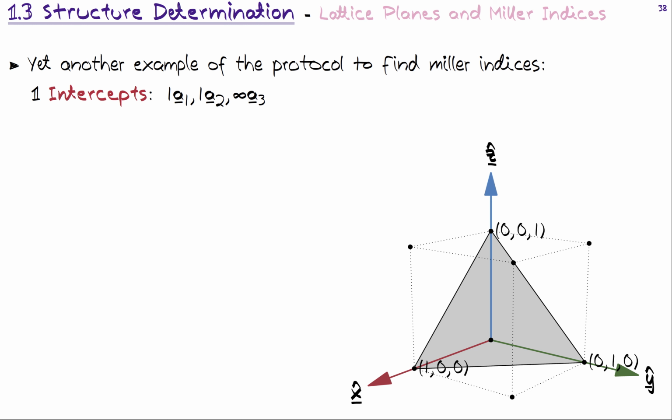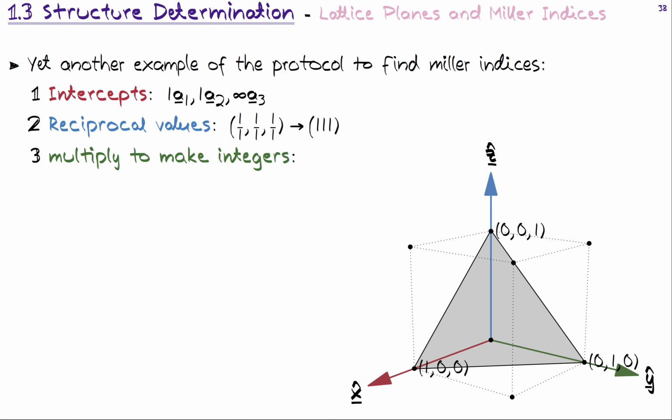It should not be intercepting the axis A3 at infinity anymore, because clearly we are seeing that we are intercepting at a value of unity here. And the reciprocal values of unities, of course, are unities. So we have an index set of 1, 1, 1. And then the final step would be to multiply to make integers, but they already are integers, so we don't need to do anything. So this is an example.